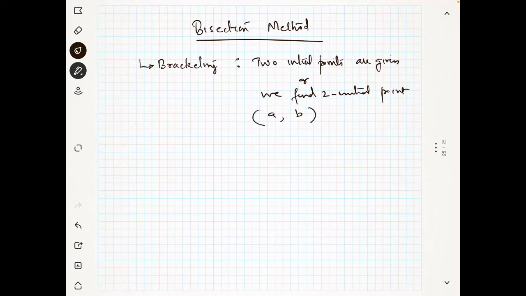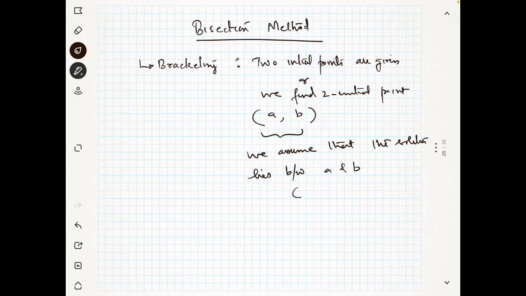That means we assume that the solution lies between A and B, but there are some conditions that should be satisfied. We cannot simply assume.